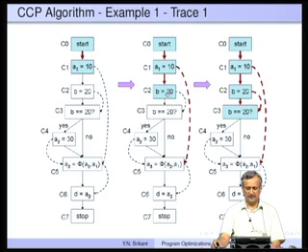Then we go to this. The statement b equal to 20, when executed, will change the value of b from undefined to constant 20. So, the lattice value of b changes from undefined to constant.